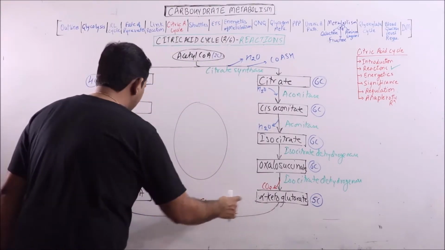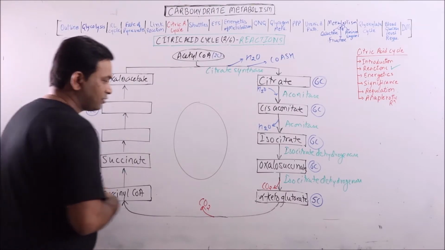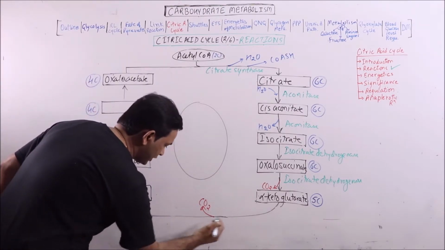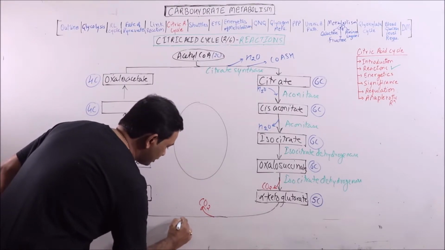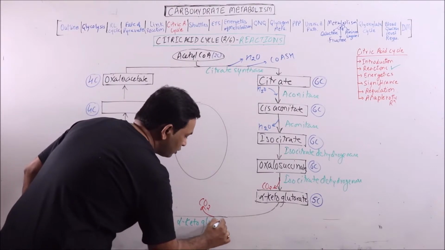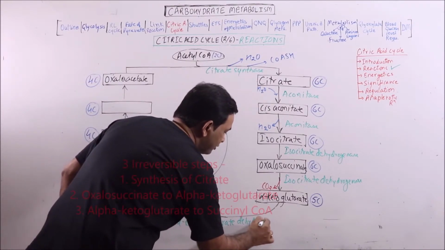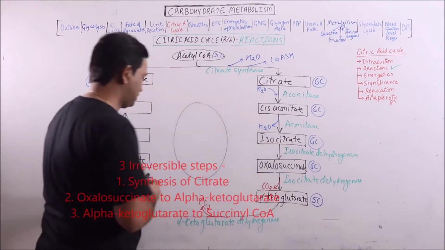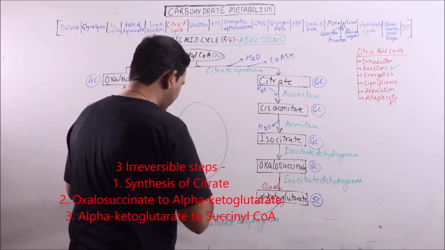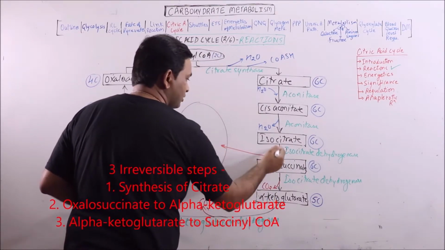Then alpha ketoglutarate is converted to succinyl coenzyme A in the presence of an enzyme. This reaction is catalyzed by the enzyme alpha ketoglutarate dehydrogenase. It means that dehydrogenation should have occurred. Here also dehydrogenation has occurred.